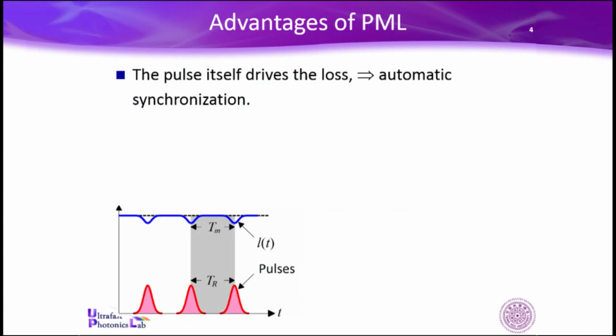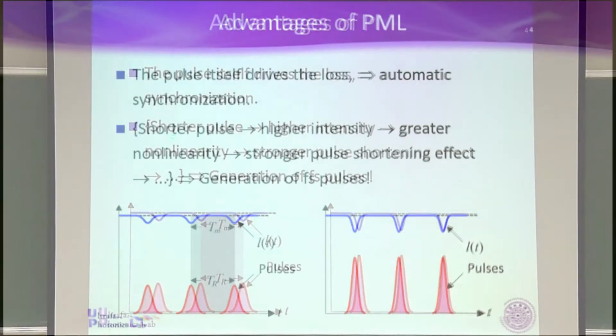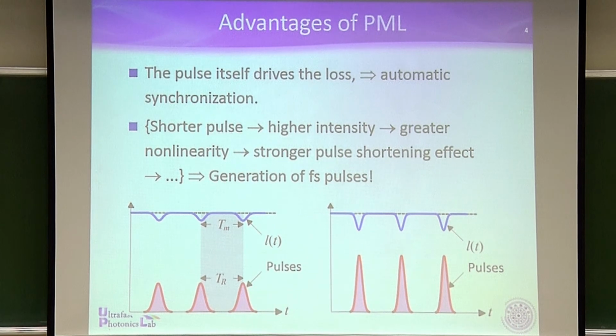The second advantage is sort of a loop. Say you have a shorter pulse, it will induce higher intensity, just like the second picture. The left one is a weaker pulse, but when the pulse width is compressed, you get higher peak intensity and shorter pulse duration, if we assume the energy is the same.